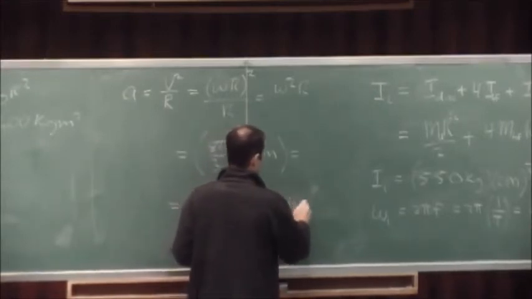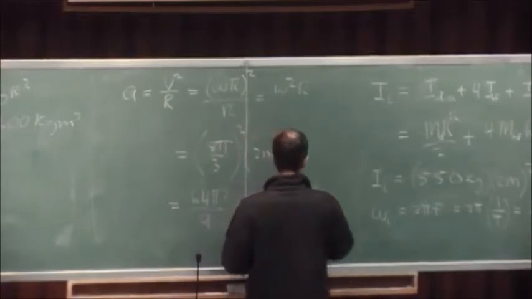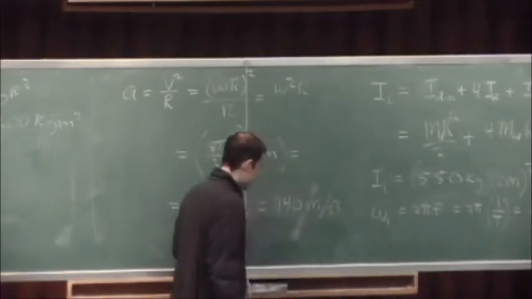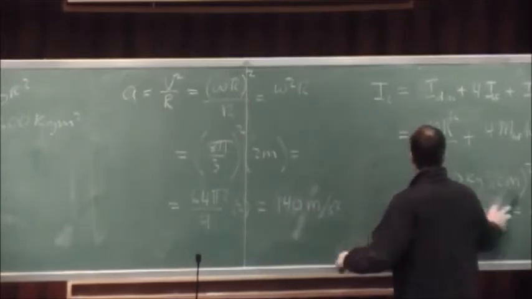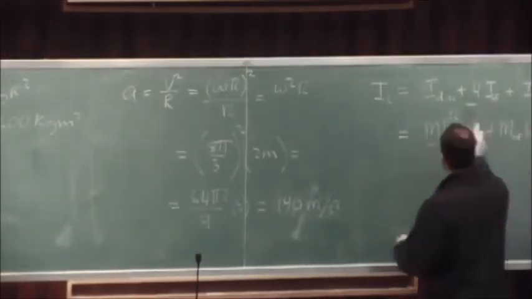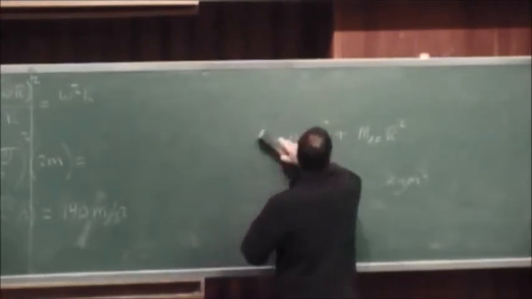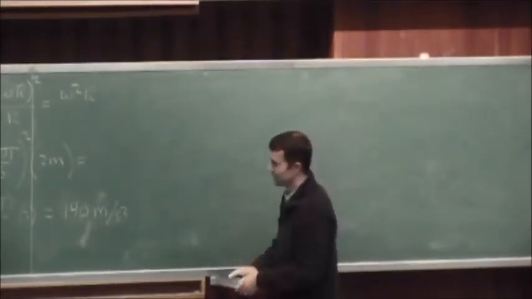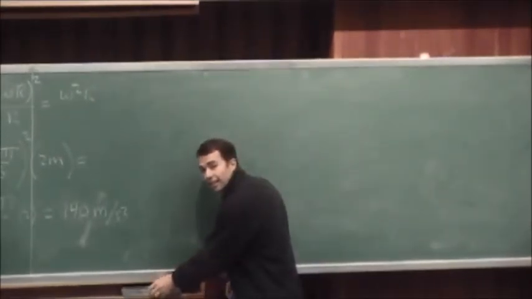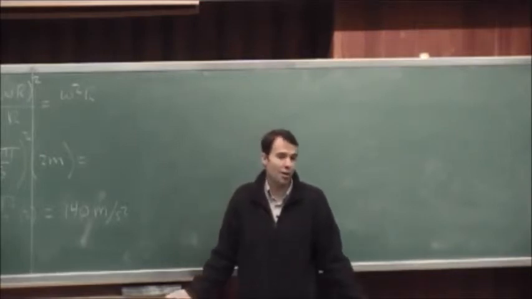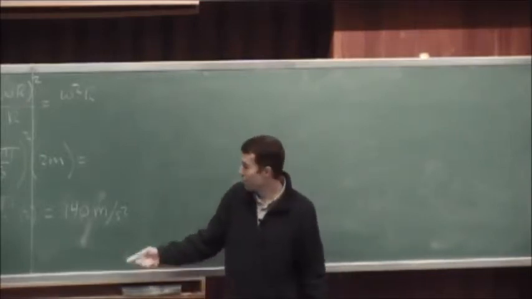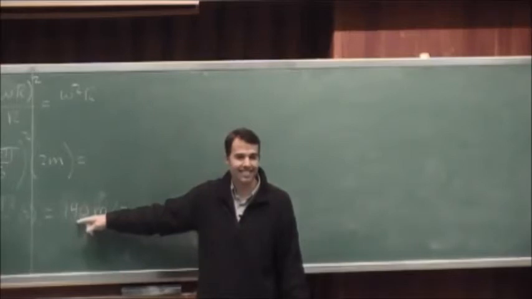So it's about 140 meters per second squared. And what is g? Approximately 10, right? So 14 g's.